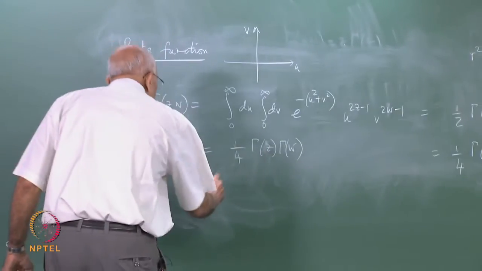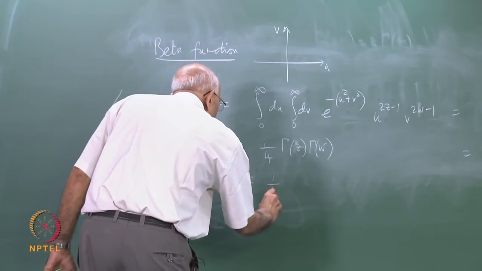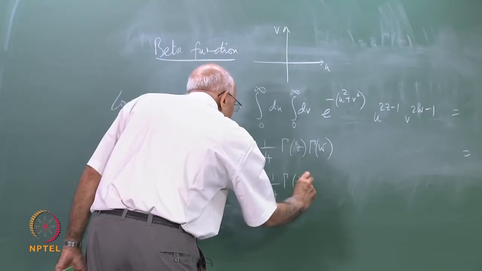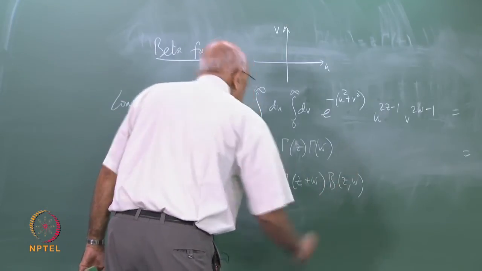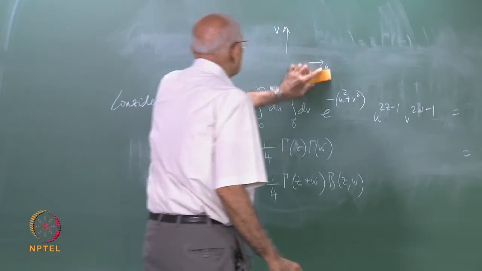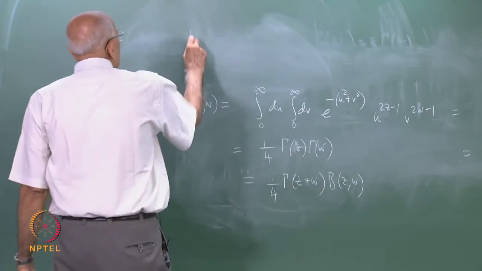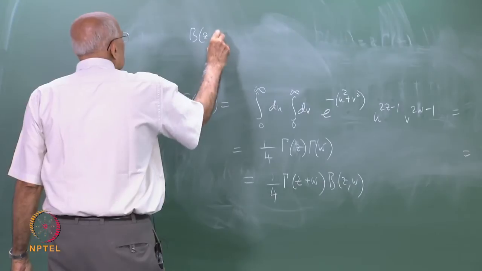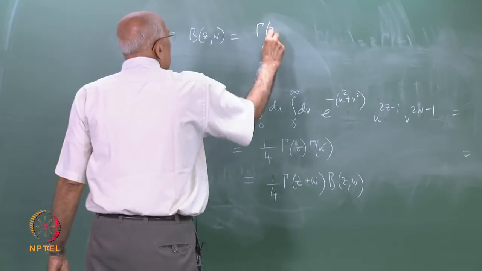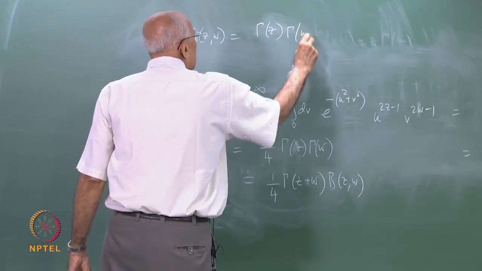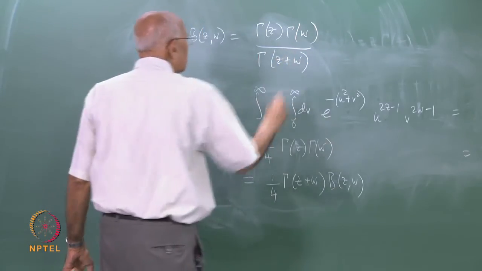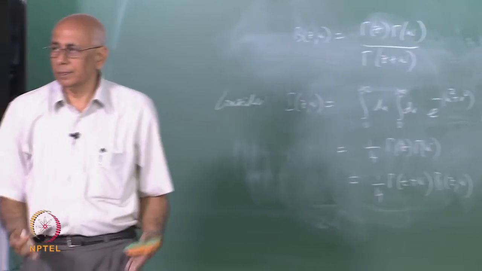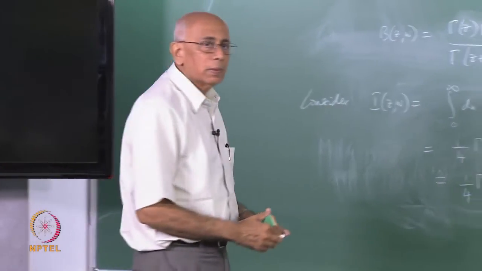So it says this is equal to 1/4 gamma of z plus w, beta function of z and w. So that finally gives us a basic relation which says beta of z and w is equal to gamma of z, gamma of w divided by gamma of z plus w, as an identity.